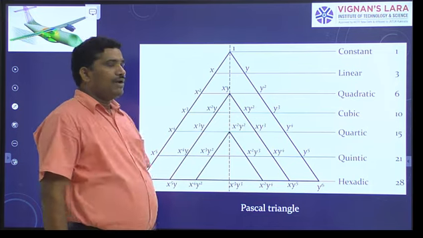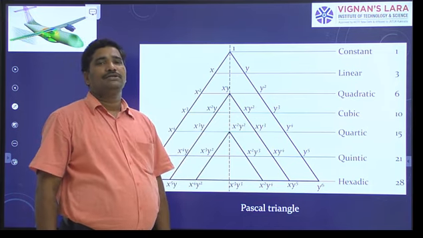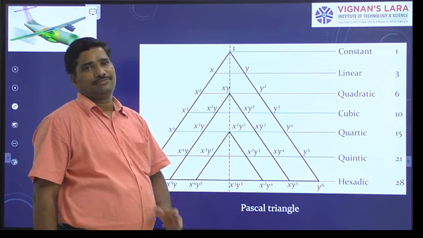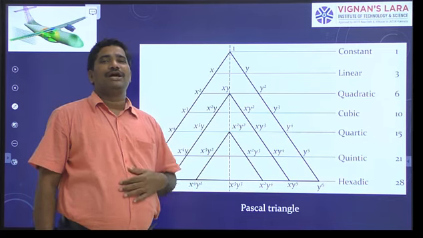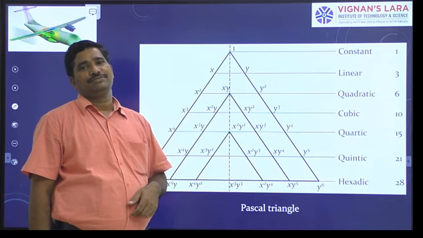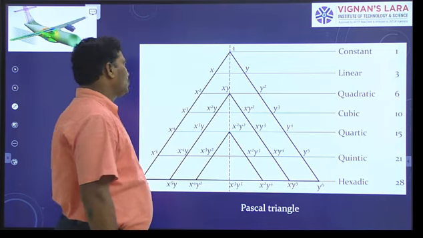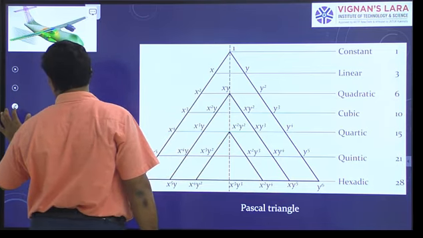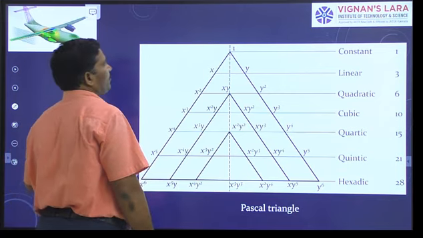When you want the linear terms also, then the polynomial contains 3 terms. When the order is 2, then the polynomial contains 6 terms. We have the formula n plus 1 into n plus 2 by 2 for determining the number of terms.